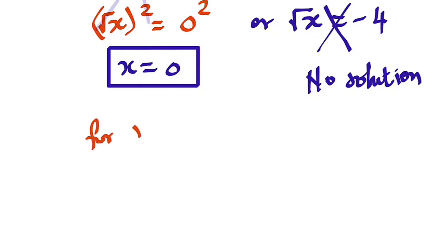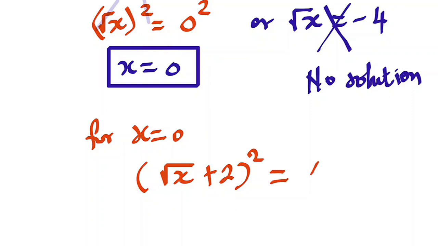For x = 0, from the equation we have (√x + 2)² = 4.